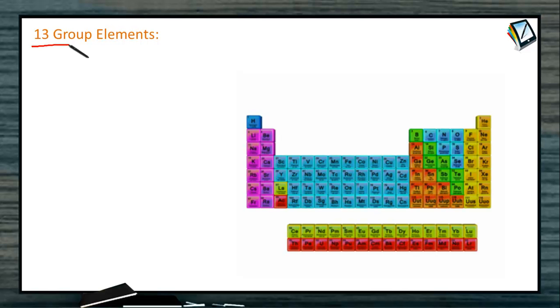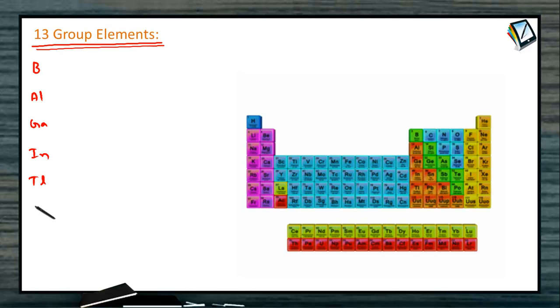The 13th group elements, group 3A or 13th group in the long form of the periodic table, consist of boron, aluminium, gallium, indium and thallium.